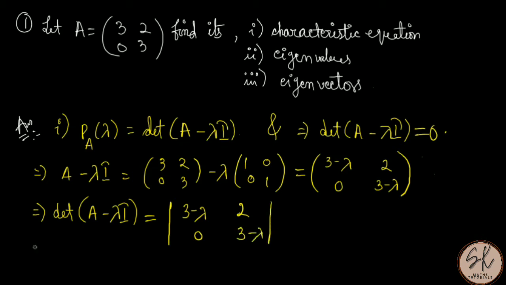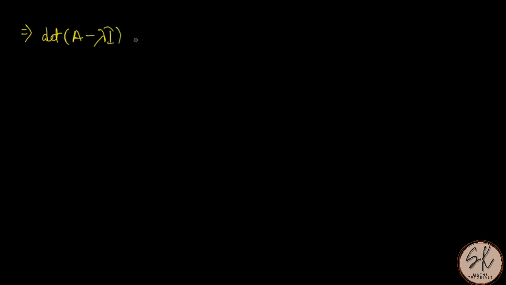Now let us equate this to 0. Determinant of A minus lambda I equals 0 is the characteristic equation.